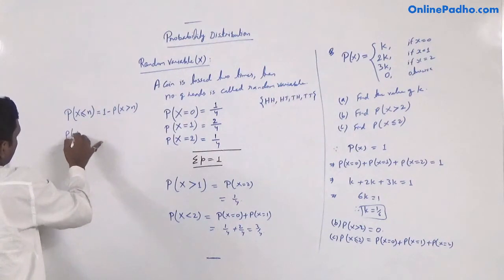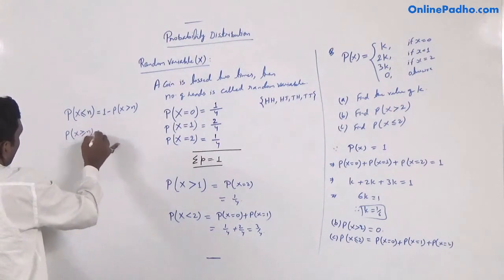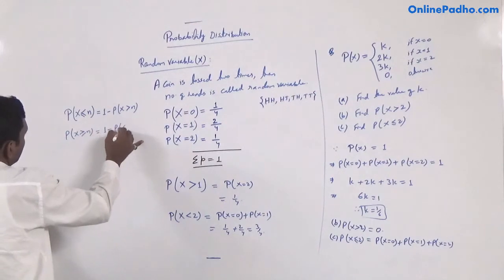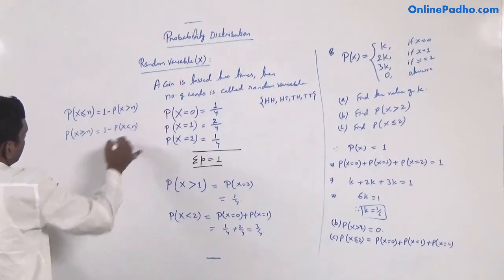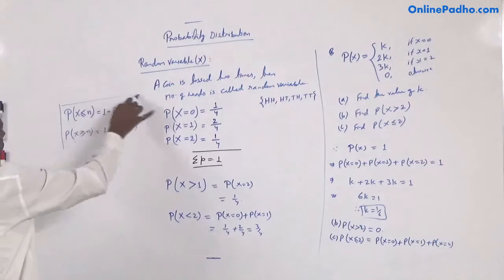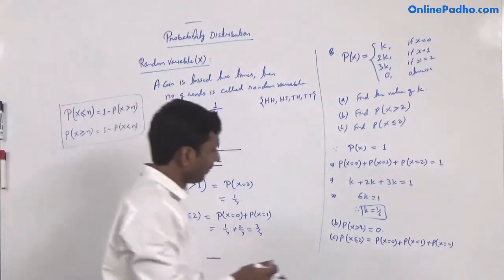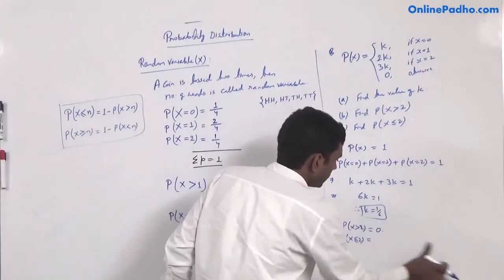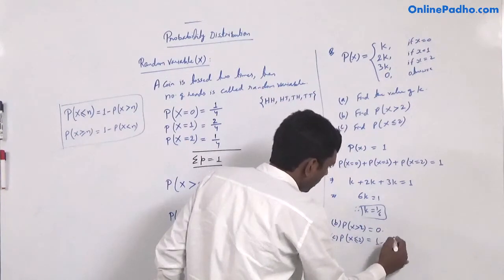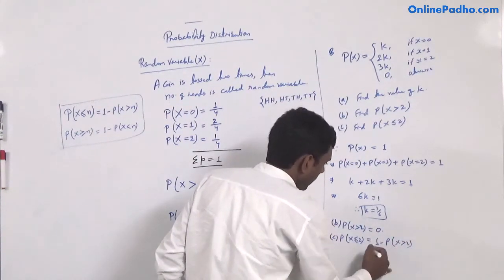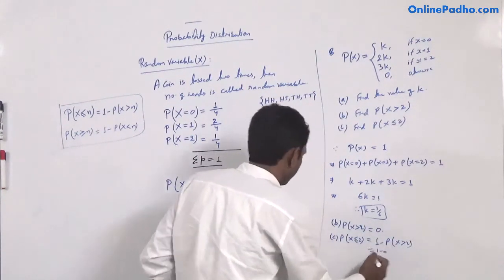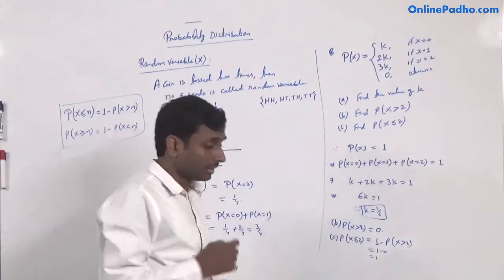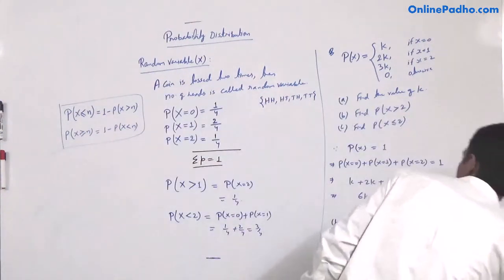And probability of x greater than or equal to n can be written as 1 minus probability of x less than n. A very important concept. By this concept, we can say that this one is 1 minus probability of x greater than 2. It will be 1 minus 0, which is 1. Right? This is a very simple question for 4 marks.